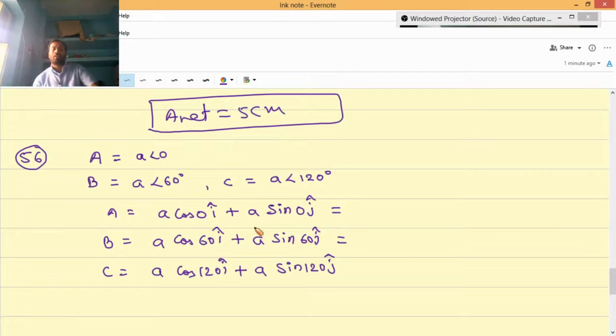For cos 0 the value is 1, so here it will be A i cap, and the sine 0 term will be 0.